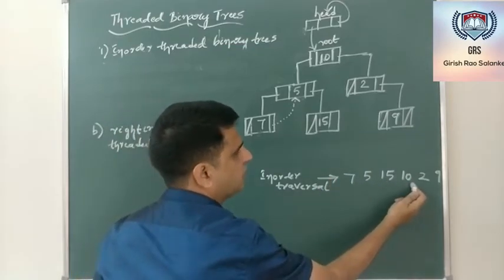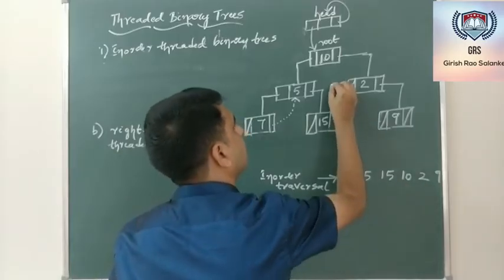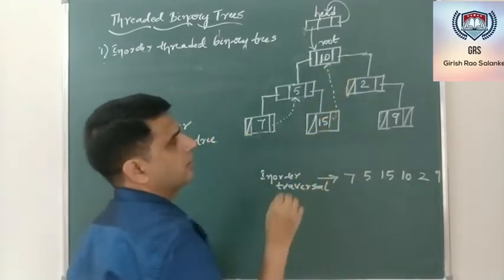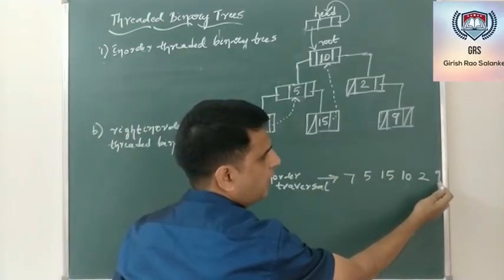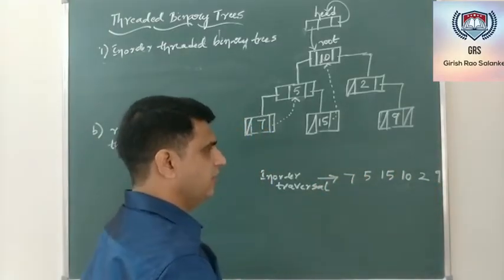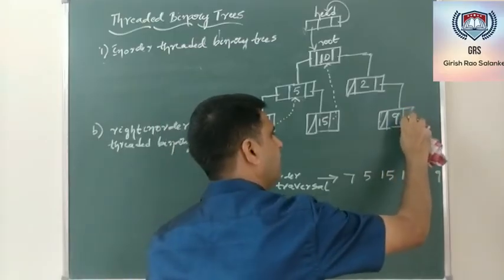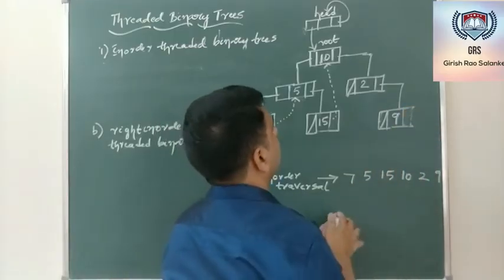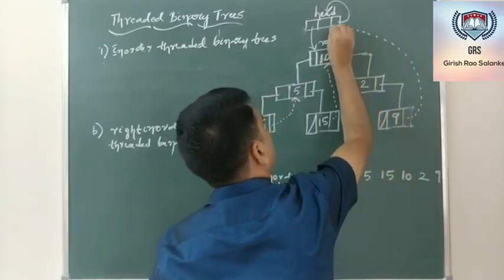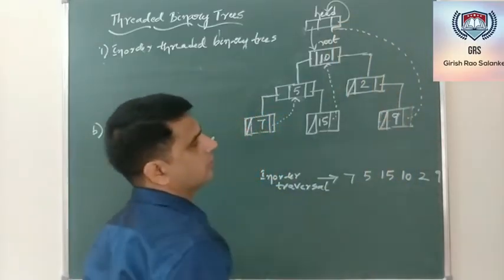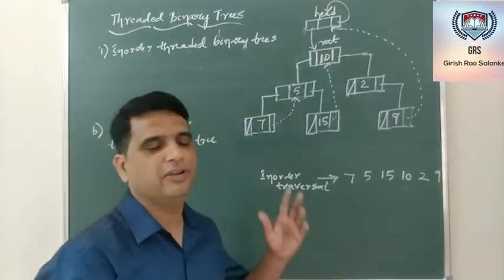Node 15 successor is 10, so now it should point to 10. Now coming to 9. Is there any successor to node 9? There is no successor. So if there is no successor, then its right field should be pointing to the header node, similar to what we have done in the previous case.